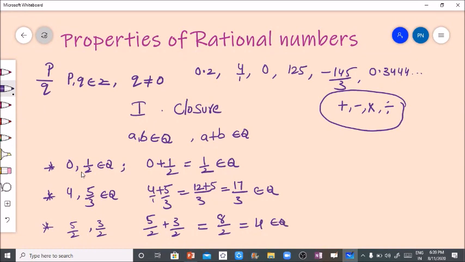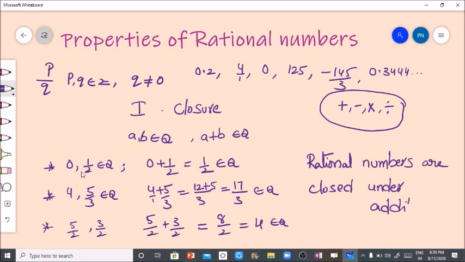So we can say that the rational numbers are closed under addition. Here the basic operation is addition.